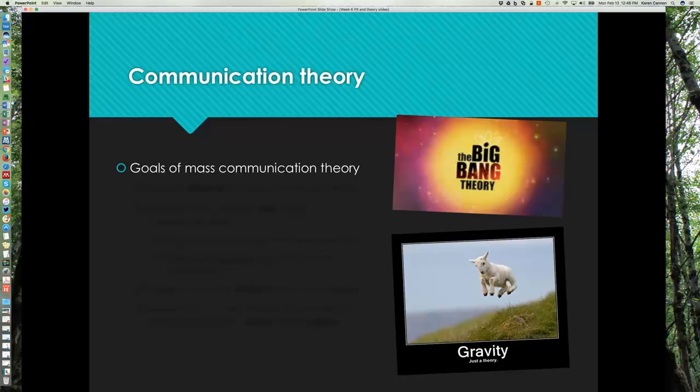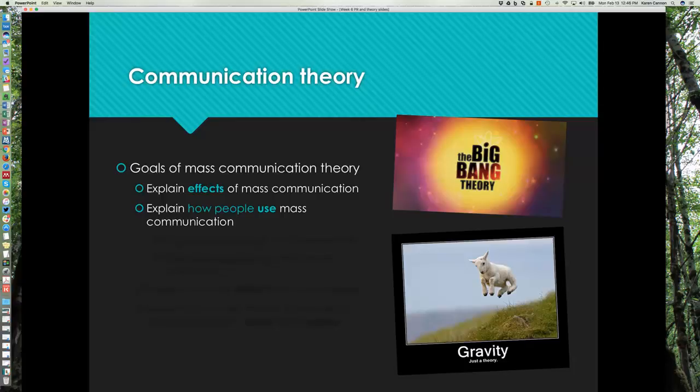In thinking about the goals of mass communication theory, there are really two things. One is explaining what happens to people and their minds and the way they think about things when they consume mass media. The second goal is explaining how people use different mass communication media.